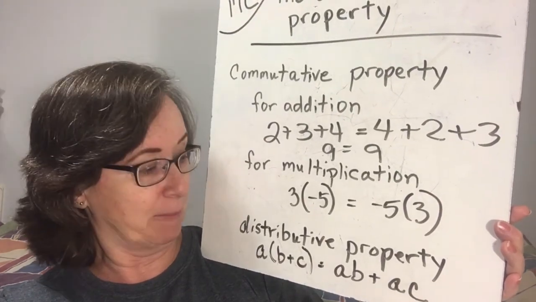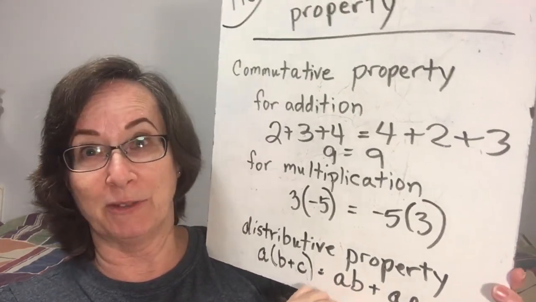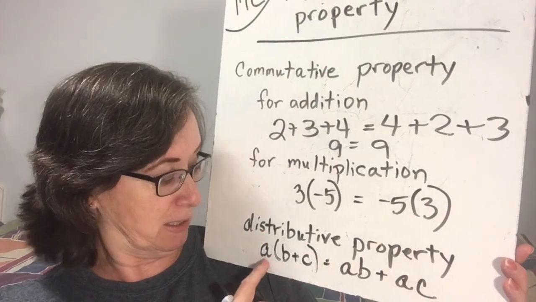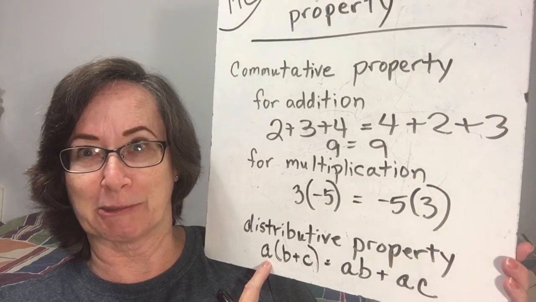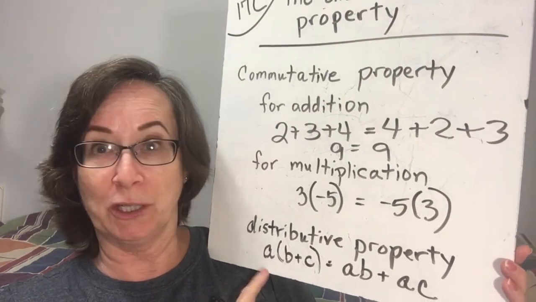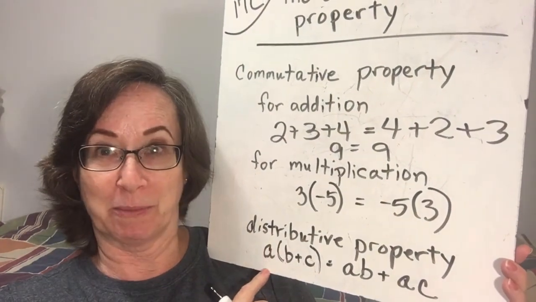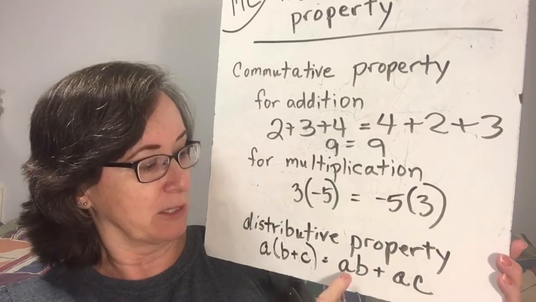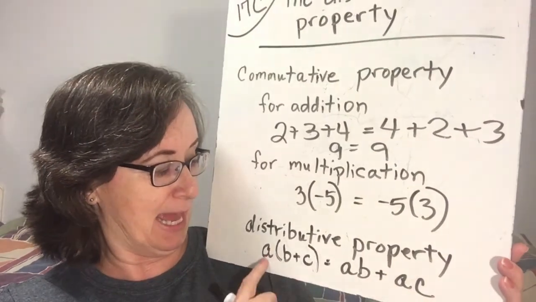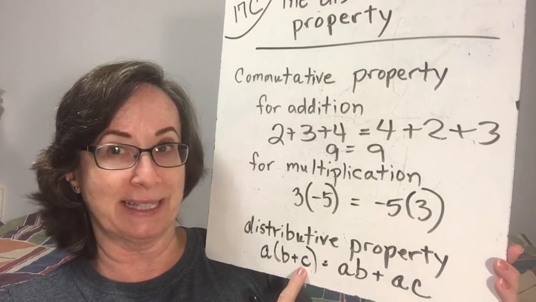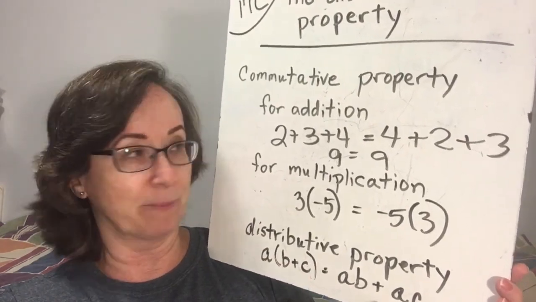So ab plus ac. Remember we have numerical and literal coefficients. Right now, this would be literal, wouldn't it? It doesn't have a number, but this is a formula, and it could be either a variable or a number, and we could call it a coefficient. So ab plus ac. The a is multiplied by the b, and then the a is multiplied by the c, and they're added together.